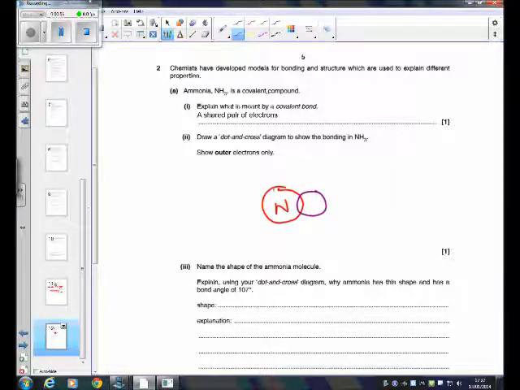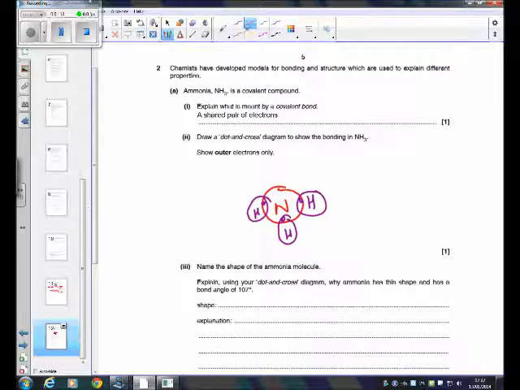So we need 3 hydrogens, which each have an electron.